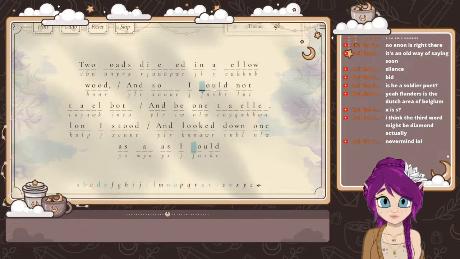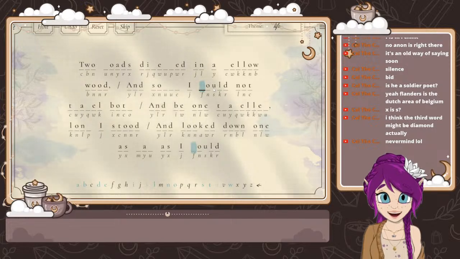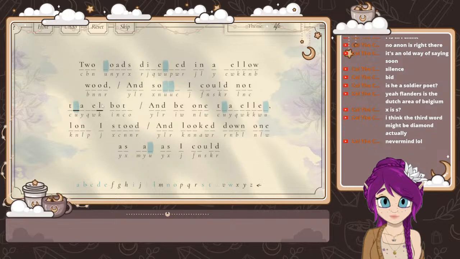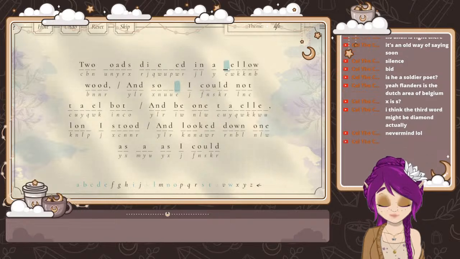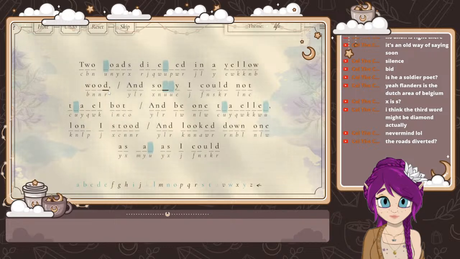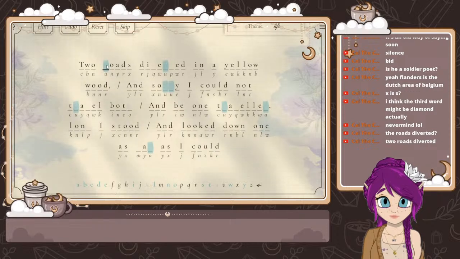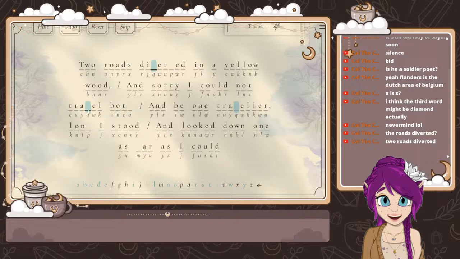Yeah, this is not wood. Could? I could. I could not. I have a feeling this is yellow. And a yellow wood? Two roads diverted in a yellow wood. And sorry I could not travel both and be one traveler.